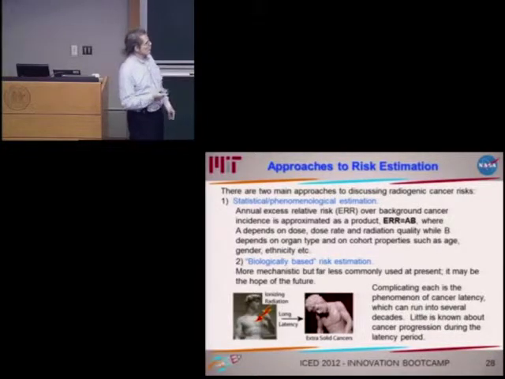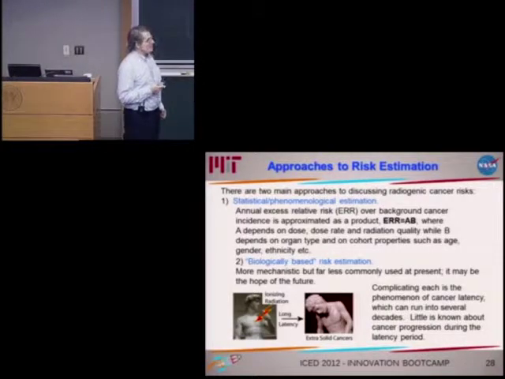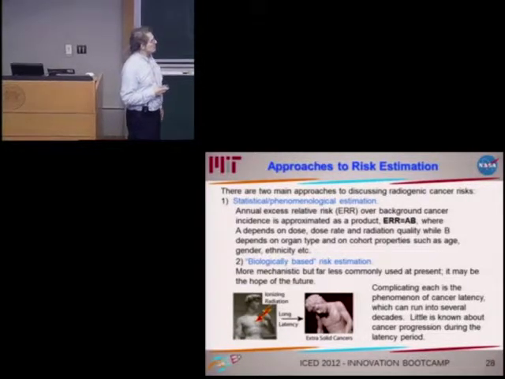It depends on dose rate, radiation quality effects. You've heard about these things. While B considers the organ-specific, tissue-specific effects that have to be put in as corrective factors to what one determines from the more average effects reflected in A.